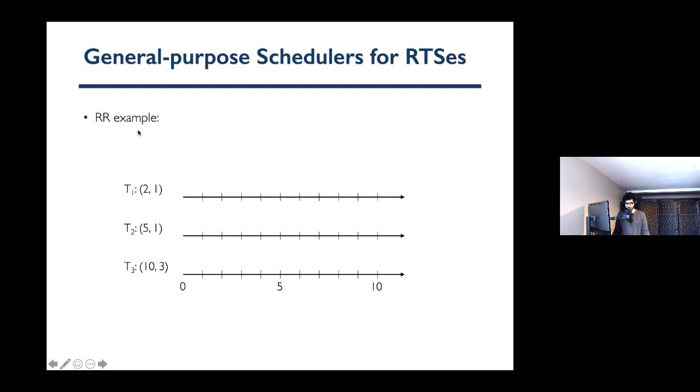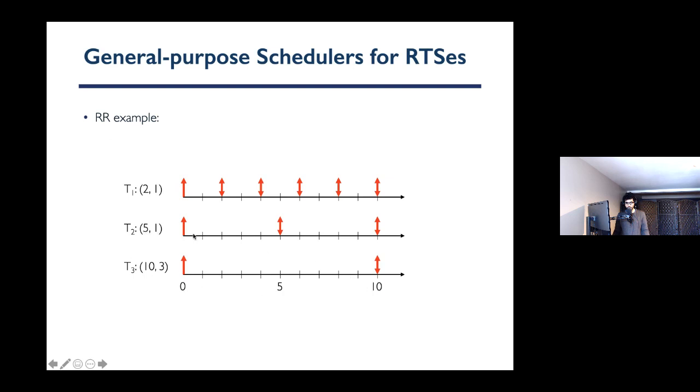Let's see how round robin, which we saw, does in scheduling this set of tasks. What happens first? First, let's mark the times that a new job from each one of these tasks comes. Task 3 has a period of 10, so at time 0 and at time 10.